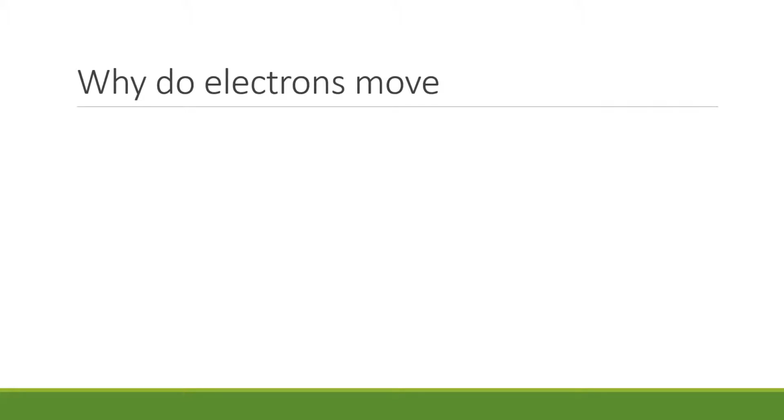One of the questions I asked with Newton's third law, if you remember, was, how can anything move? If every force has an equal and opposite reaction force, how can anything move at all? So this question, why do electrons move, is actually relatively important. If electricity is movement of electrons, why do electrons move in the first place?